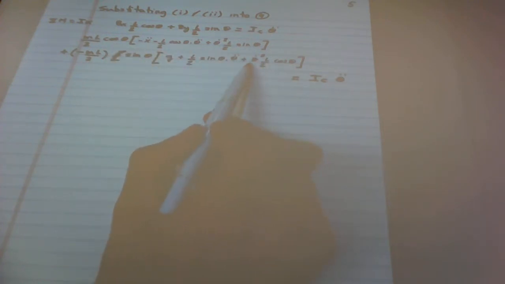Over here it's hard to see, but this term becomes theta dot squared L over 2 sine theta cosine theta, and this one is basically the same thing, theta dot squared L over 2 cosine theta sine theta, so these two terms cancel each other. That's what we have left at the end.